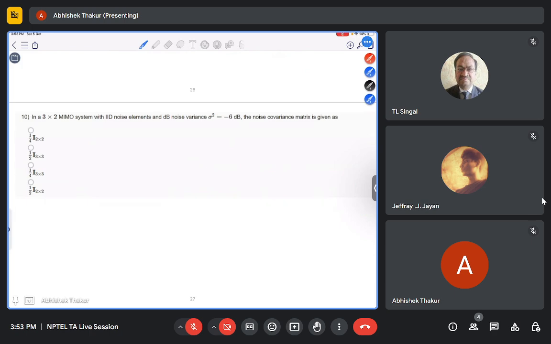In a 3x2 MIMO system with IID noise elements, the noise variance is given as minus 6 dB. So 10 log 10 sigma square is equal to minus 6. So sigma square is equal to 10 to the power of minus 0.6, so this becomes 1 by 4.